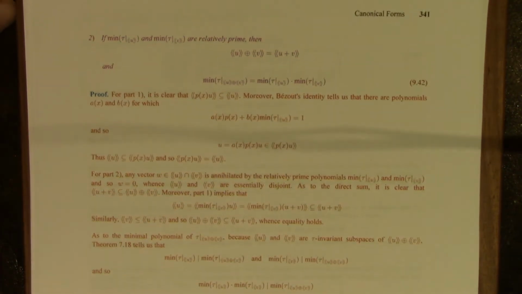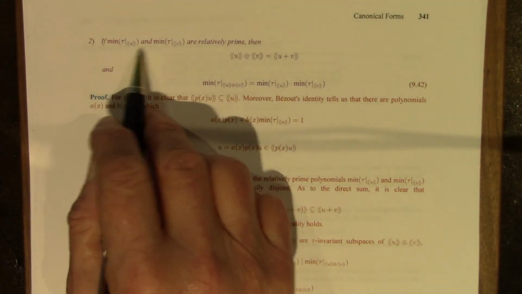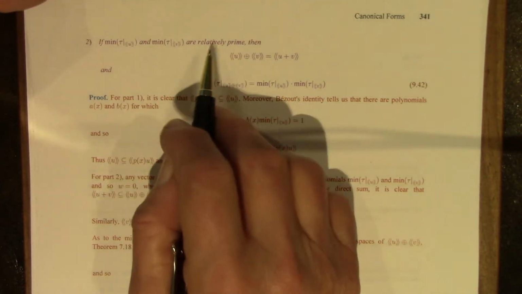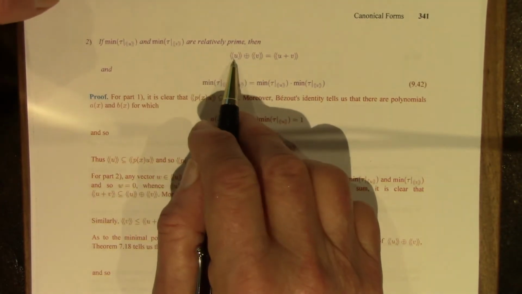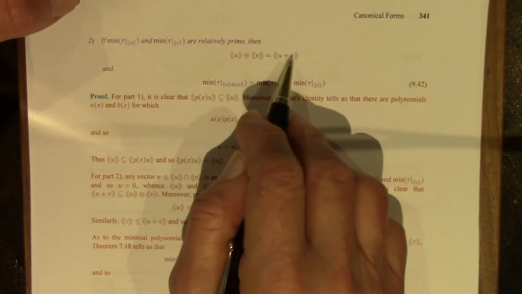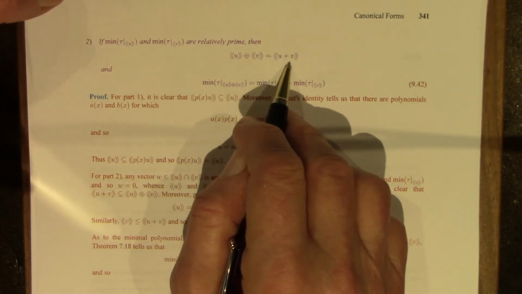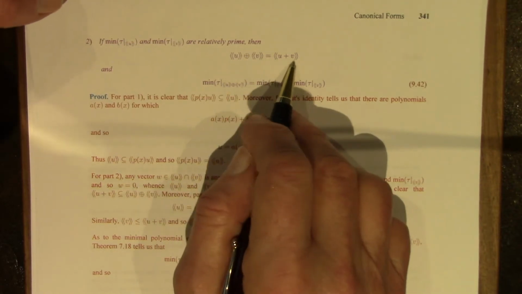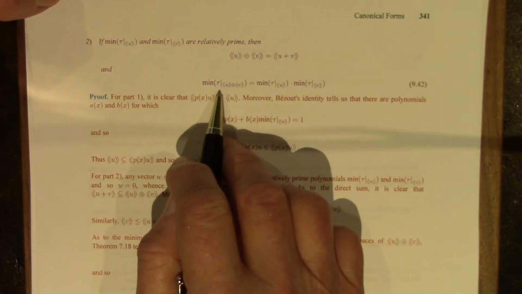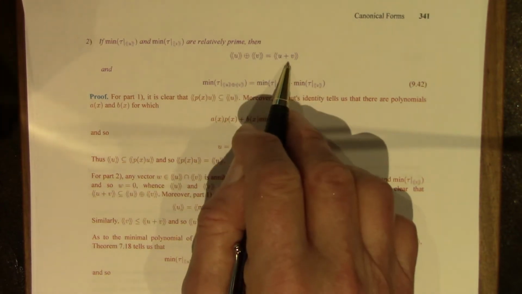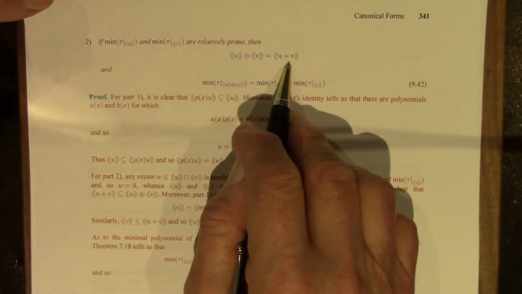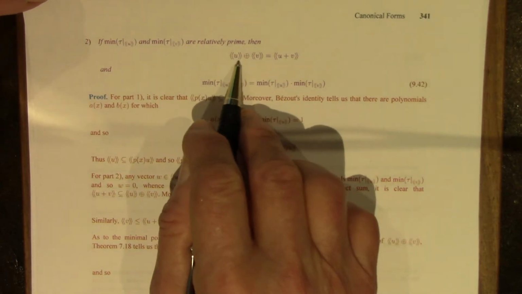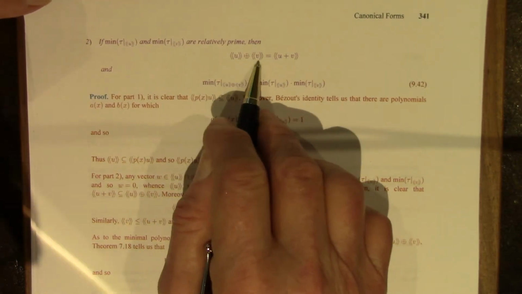Also, if the minimal polynomials of the two cyclic submodules are relatively prime, we can combine those cyclic submodules into a single cyclic submodule generated by the sum u plus v. And the minimal polynomial of this larger cyclic submodule is the product of the minimal polynomials of each of the individual summands.